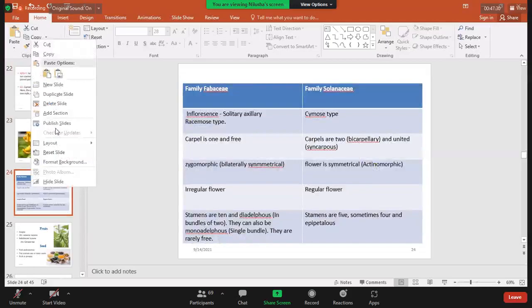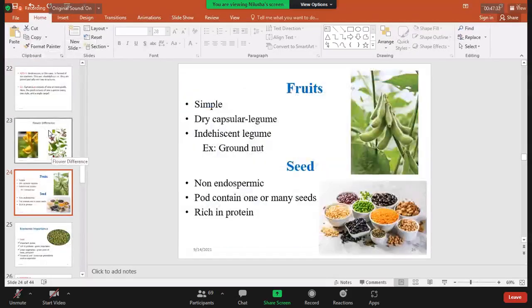In your discussion part, you have to include the flower difference of the family Fabaceae and family Solanaceae. I removed the slide because I already explained. Last week you learned about the Solanaceae. This week you learned about the Fabaceae. Today I compared the flowers of those two families. Then you have to write about these two families.